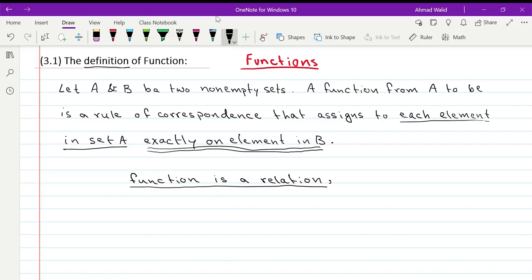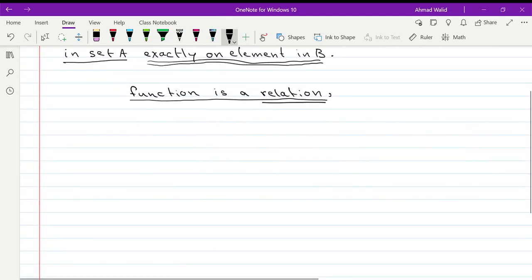Function is a relation. This part, relation, let's discuss what does it mean. Because if you see the definition in your book that I copied here on the board for you, actually that definition is talking about a relation. Look at this table.